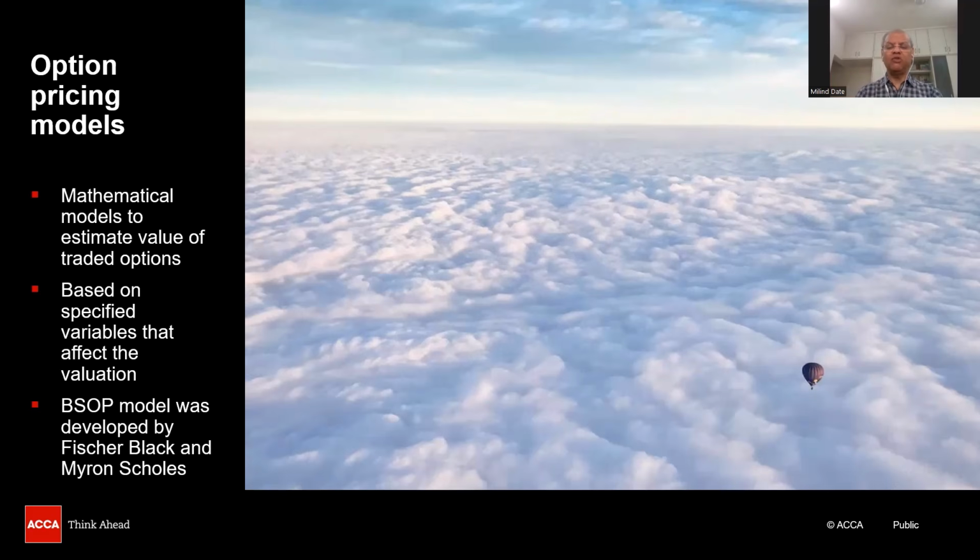Although Monte Carlo simulation model is included in the syllabus, the students are not expected to carry simulations in the examination as such, but only they are supposed to interpret the results that will be probably shared with them as a part of exhibits. But this video is restricted only to the discussion on Black-Scholes option pricing model.